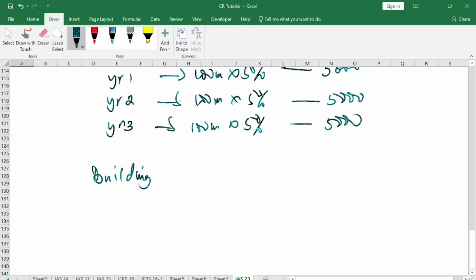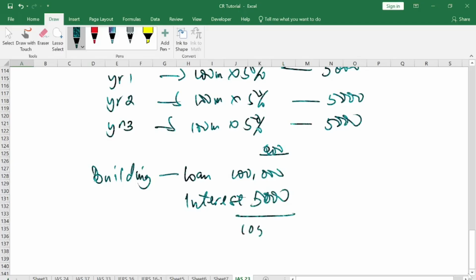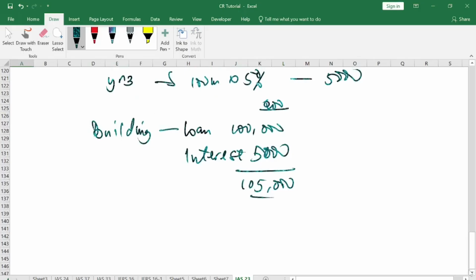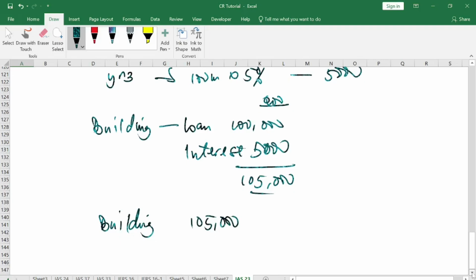All you have to do is say that you took a loan of 100 million, let me add 3 zeros, plus the interest for 1 year, because it took you only 1 year to build this building for the company. And how much is the interest? 5,000, or 5 million. When you add it, when they ask you how much it cost you to put up this building, you can say that the fair value of this building is 105 million in your statement of financial position.